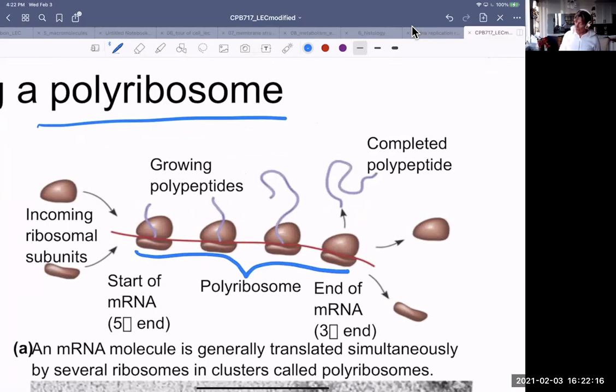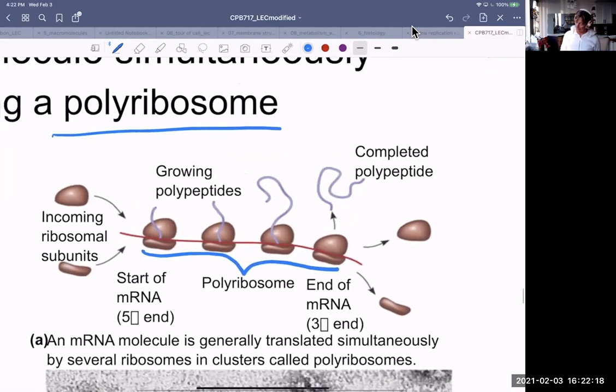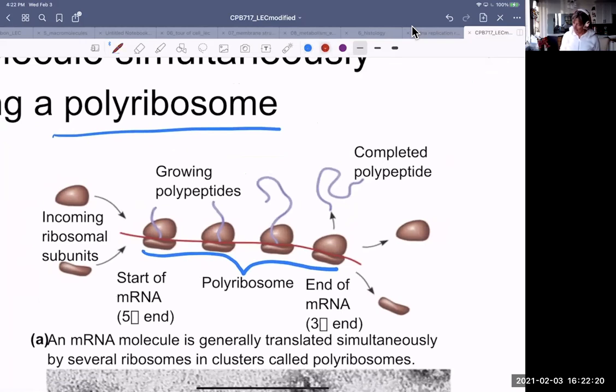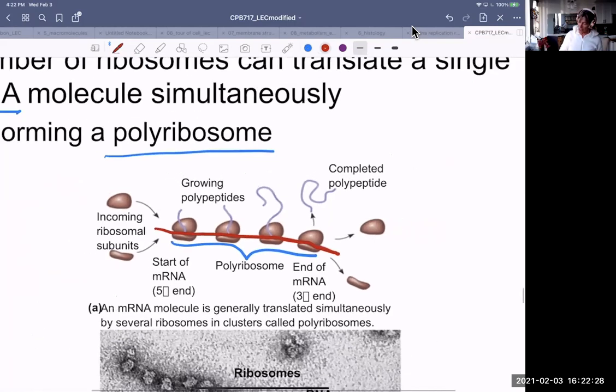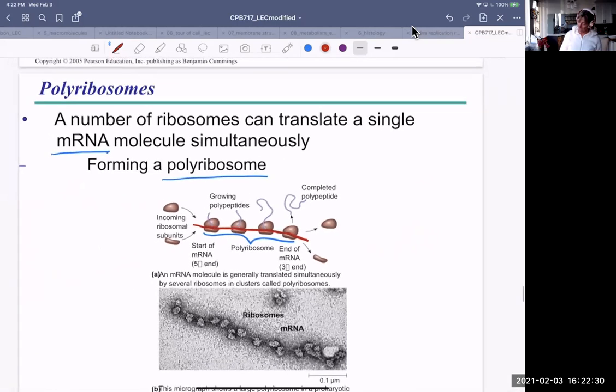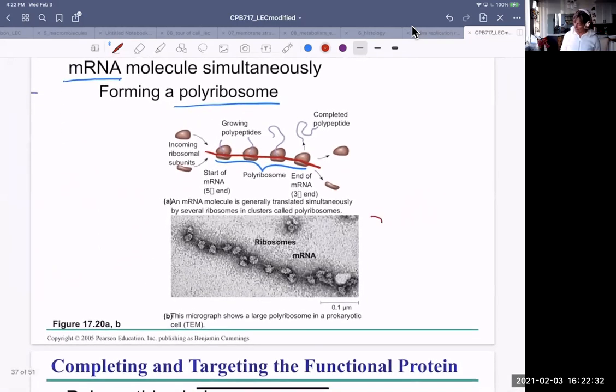So basically, this messenger RNA is being read by many ribosomes at the same time. And this is a micrograph of what that looks like. So one gene gets transcribed into messenger RNA, and that messenger RNA is used to make the same protein over and over again by many ribosomes.